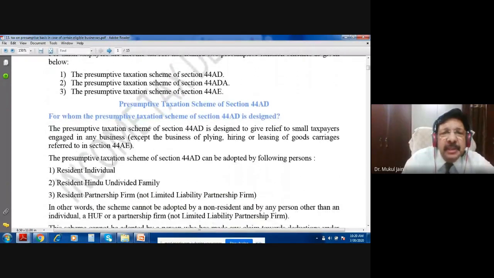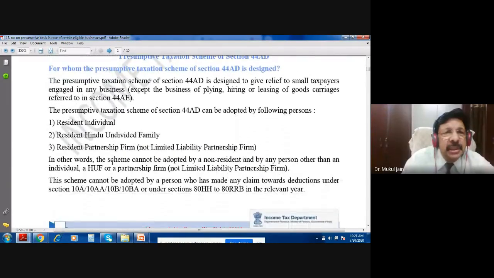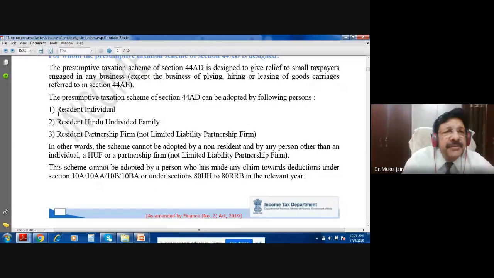So who can avail this scheme? It can be availed, number one, by a resident individual, you and me. It can be availed by a resident Hindu undivided family, HUF, or third, by a resident partnership firm.